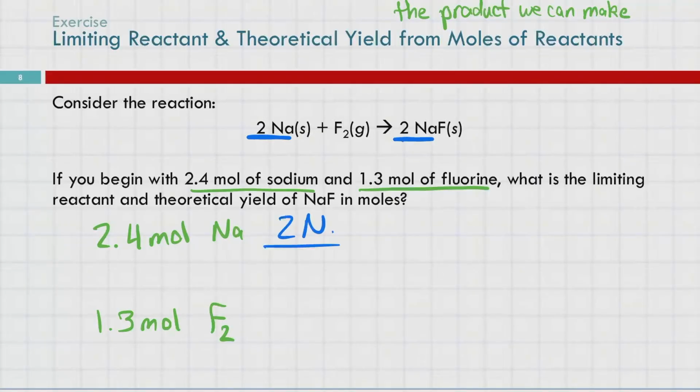We produce 2 sodium fluoride for every 2 sodium that we put in. A 2-to-2 ratio is the same as 1-to-1. So 2.4 moles sodium fluoride is our possible yield starting from our sodium.